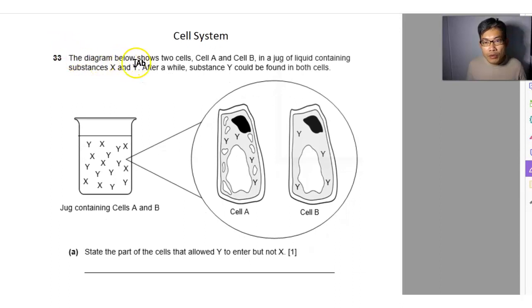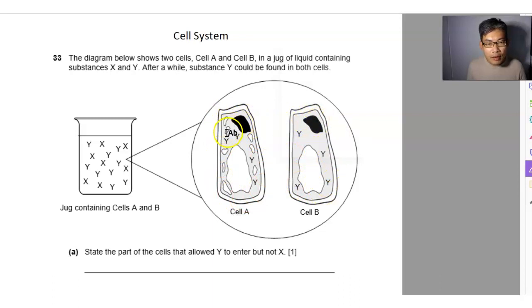Now the diagram shows two cells, A and B, in a jug of liquid containing substances X and Y. This is the jug containing cells A and B, and they show you the cells in an enlarged, magnified form. They both look like plant cells because they both have a cell wall. This external one is the cell wall. They both have a cell membrane. They both have a nucleus.